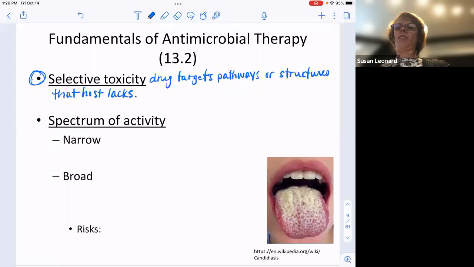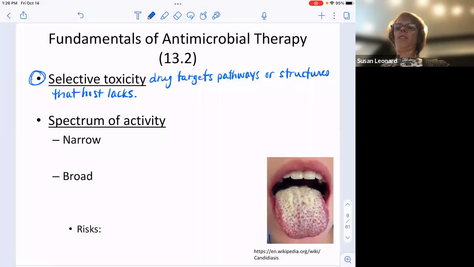This is the magic bullet concept. Do we have a drug that's going to harm the invading pathogen, the bacteria, and not hurt the host? If a drug is not selectively toxic, then it has very limited use because we don't want to do any more harm than what's there already.